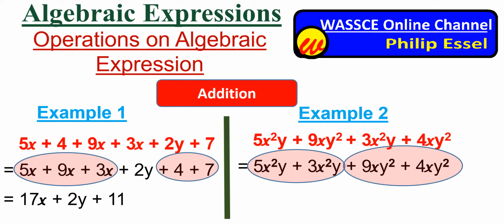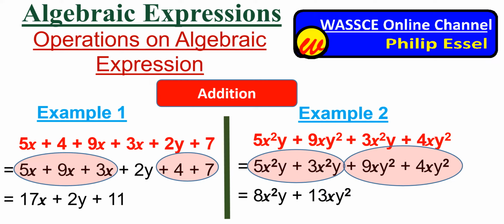Also, plus 9xy squared plus 4xy squared are like terms as well. At this point, we would have to add all of our like terms together. So what this means is that our 5x squared y plus the 3x squared y will be added together, and that would give us 8x squared y.